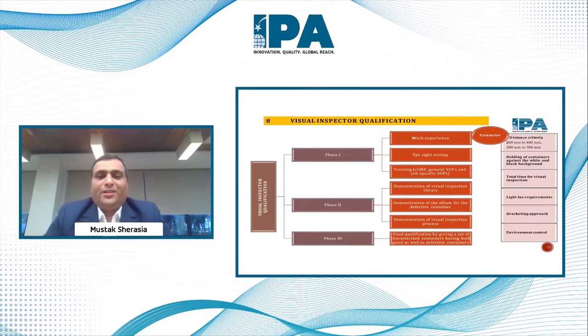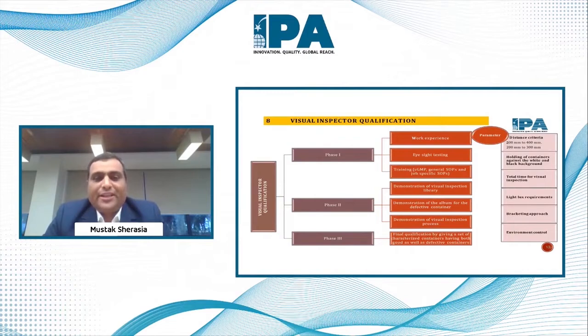So after preparation of the kit, the important consideration is to qualify your visual inspector, and it goes in 3 phases. Phase 1 involves detailed training, work experience and medical checkup, and phase 2 involves a detailed consideration.